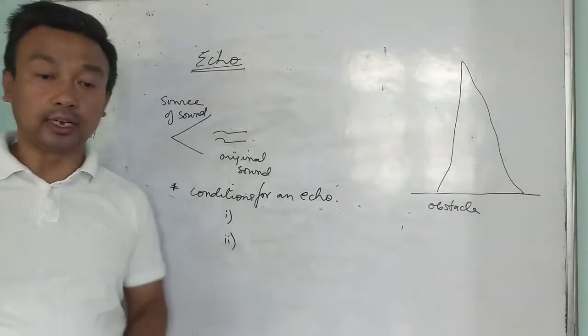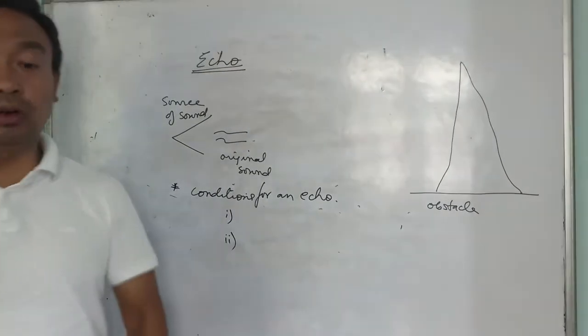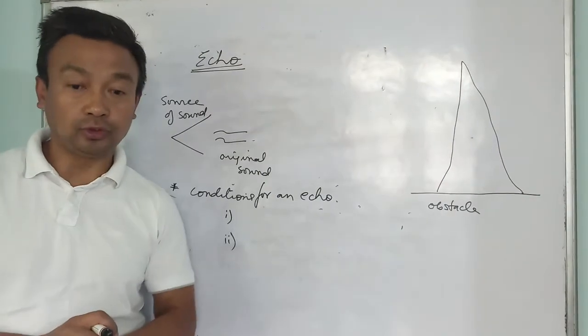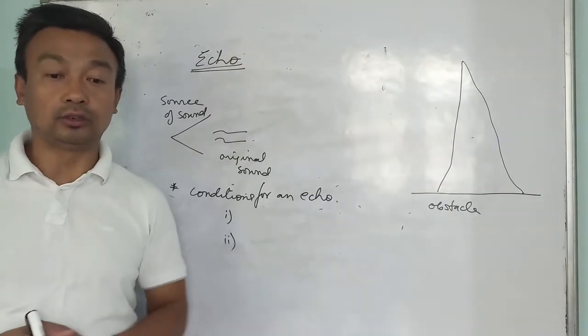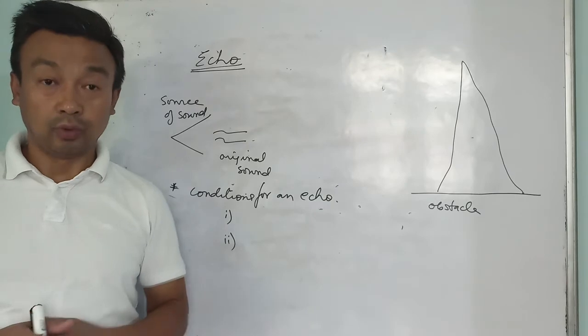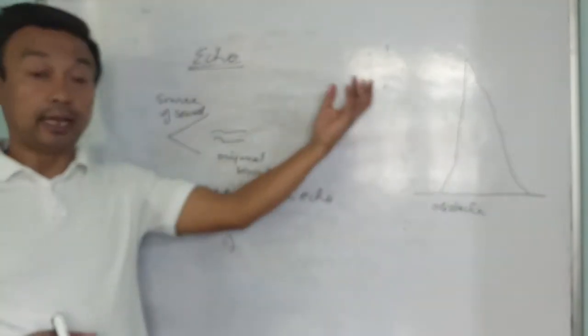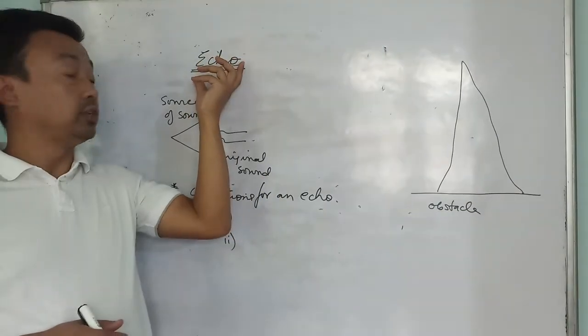The first condition is that the original sound dies out and another sound is heard. When the original sound dies out and another sound is heard, that is echo.